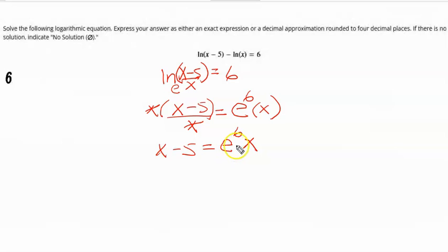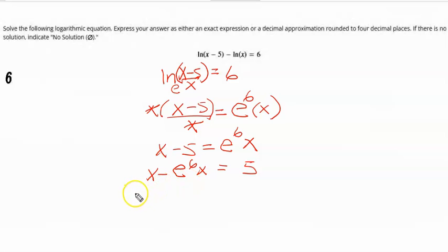Okay. Well, we want to bring our x's all over to one side. So we have x minus e to the 6th x equals a positive 5 on that side.